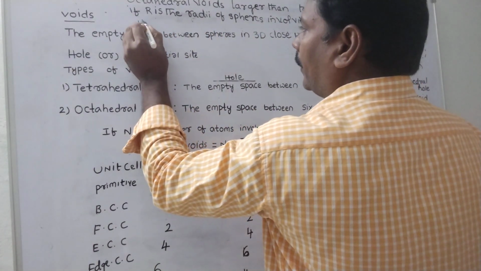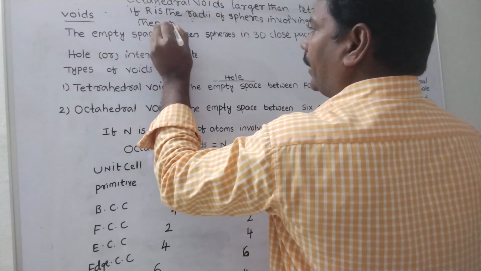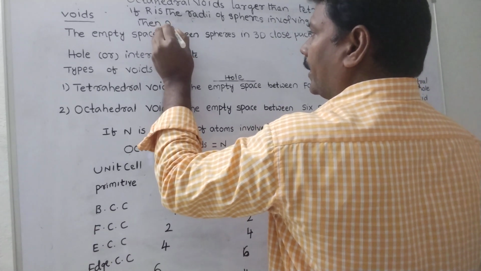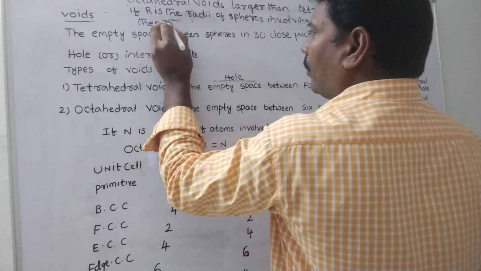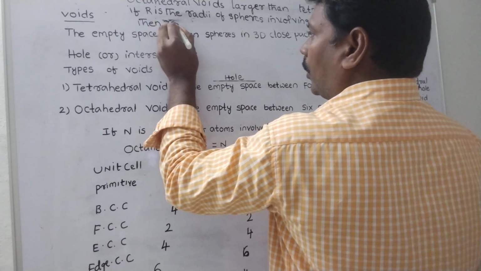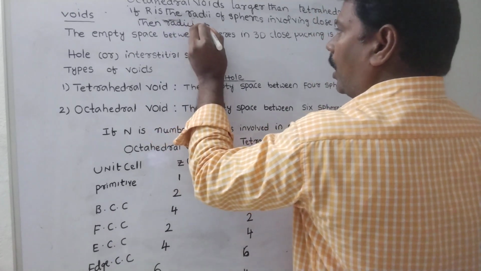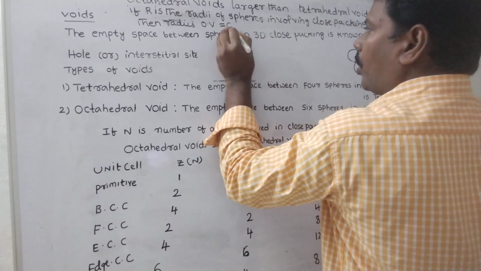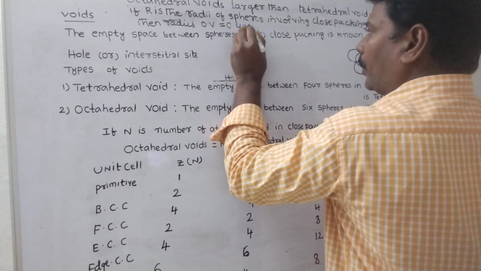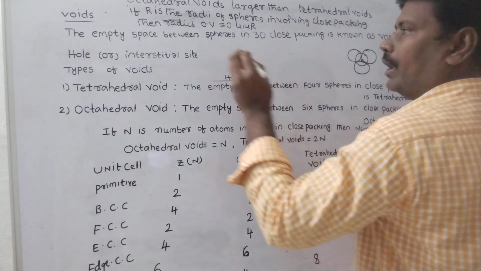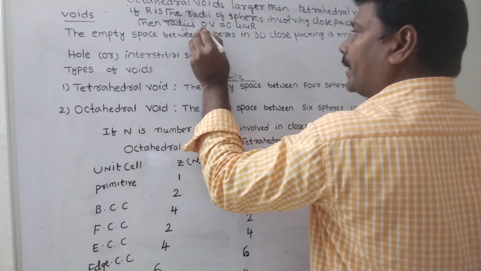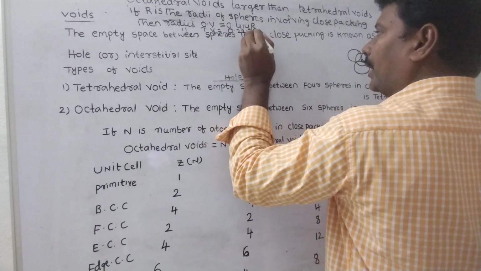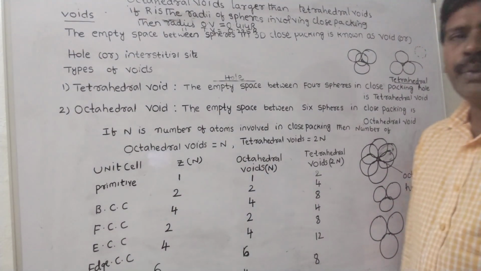Then the radius of the octahedral void is equal to 0.414 times capital R, and the radius of the tetrahedral void is equal to 0.225 times capital R.